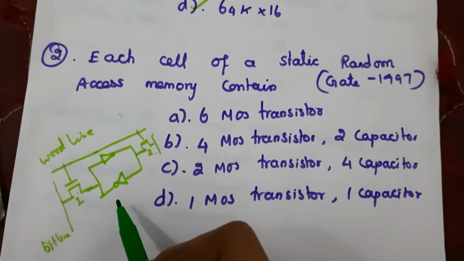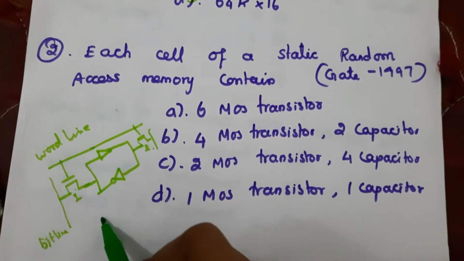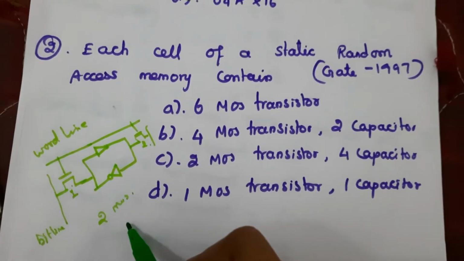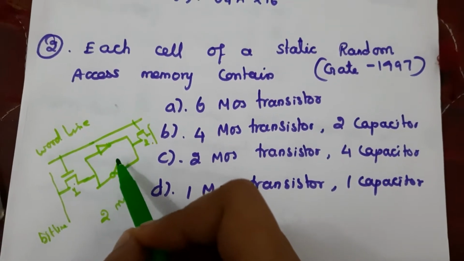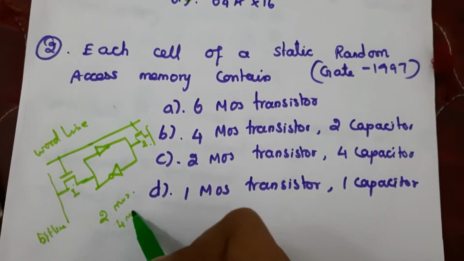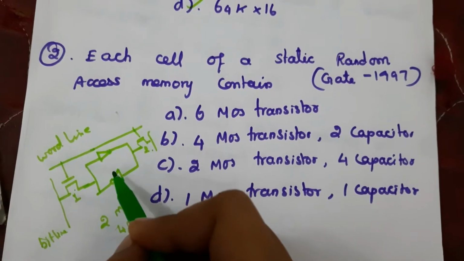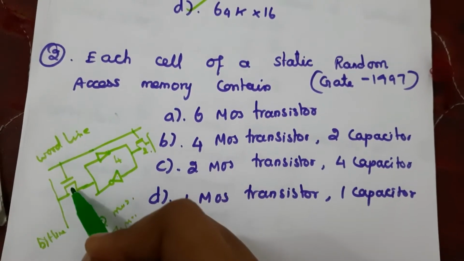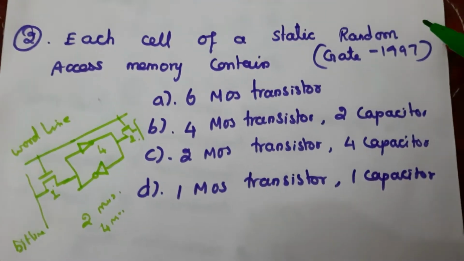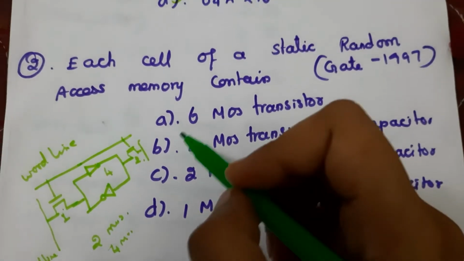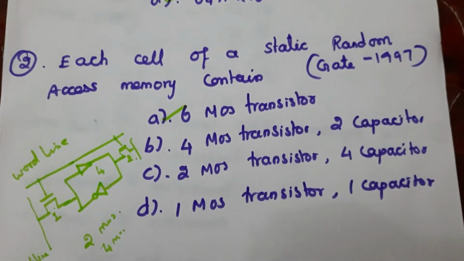If you know the MOS, an inverter is realized using two MOS transistors, one PMOS and one NMOS. So if we have two inverters, totally 4 MOS transistors are required to realize this circuit. So this takes 4 MOS and additionally these 2. So 4 plus 2, 6 MOS transistors. So it totally requires 6 MOS transistors. So here the answer is A.